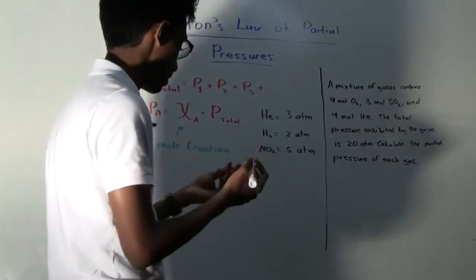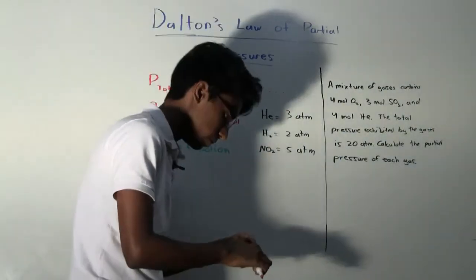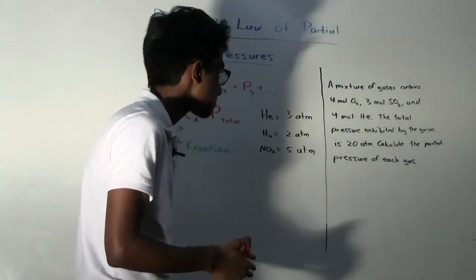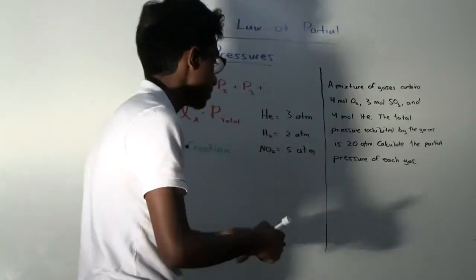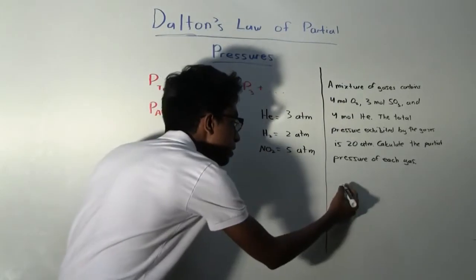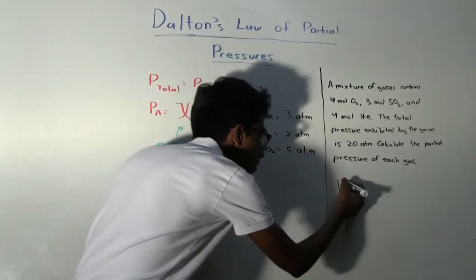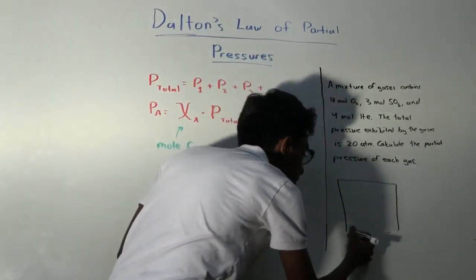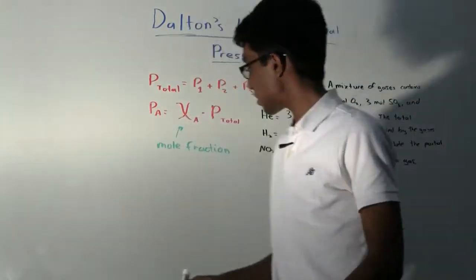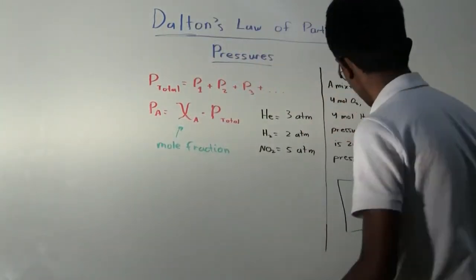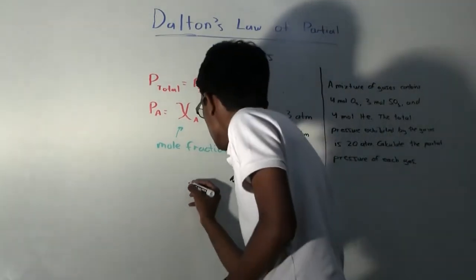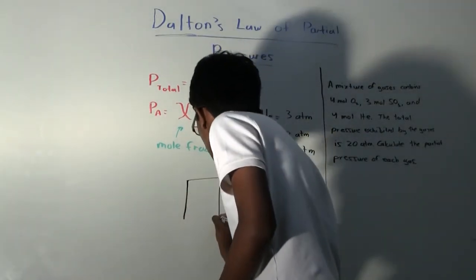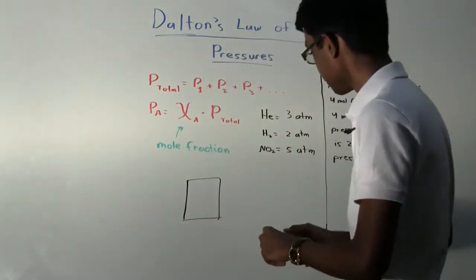So let me just draw a little diagram for you to understand what I'm talking about. Actually, let me go ahead and do it on this side, because the shadow is going to fall. You're not going to be able to see it. So there's a little container here.